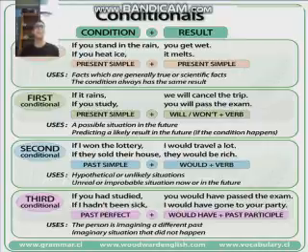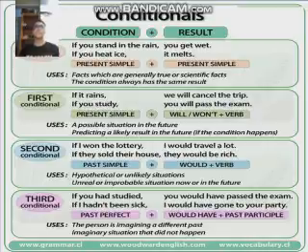You can talk about the first conditional, second conditional, third conditional, mixed conditional, and even a zero conditional. So today we are going to talk about various types of conditionals.